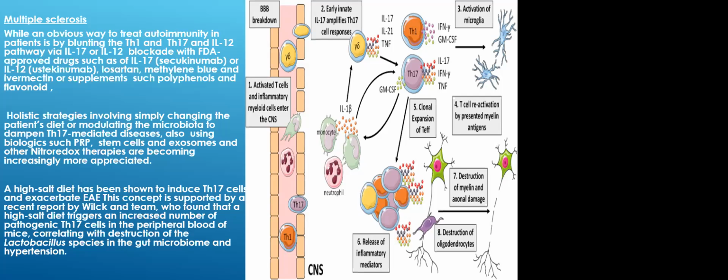So holistic strategies involve simply changing the patient's diet or modulating the microbiota to dampen the Th17 mediated disease, also using biologics. Yeah, I can use PRP. I take PRP, extract it, put it inside a sterile vial.